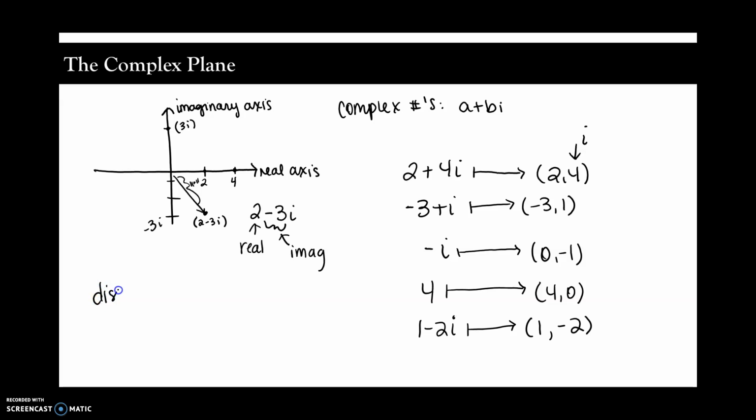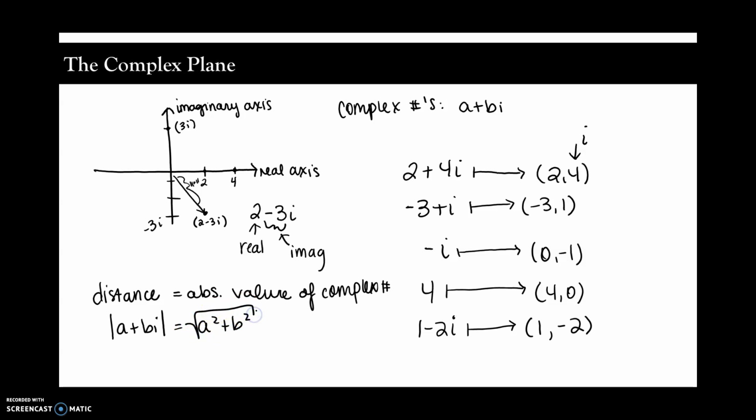So the distance is equal to the absolute value of the complex number. So that's the absolute value of a plus bi equals the square root of a squared plus b squared.